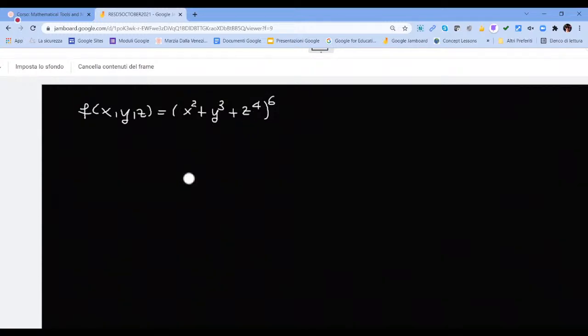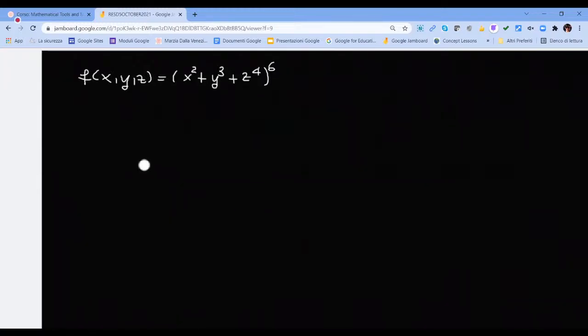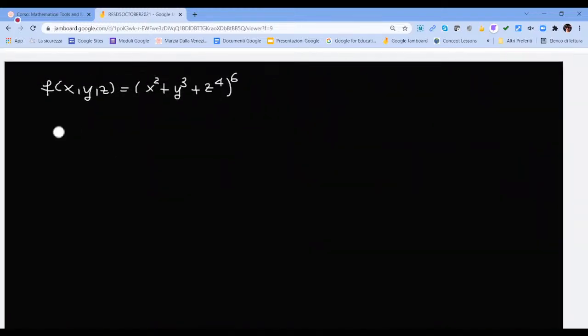Okay, so how many derivatives should we have? Many. Of course, we have more derivatives, because we have, first of all, to derive with respect to x, then y, and then z. And maybe these are long. We can compute the first derivatives, then let's switch to another example in order to compute the second partial derivatives.